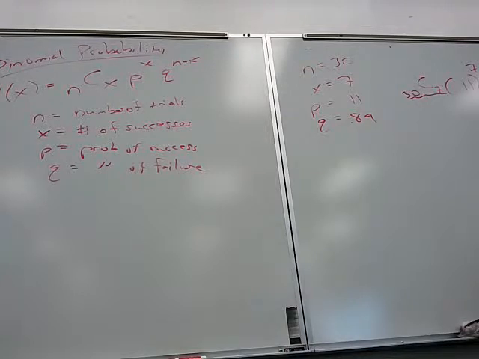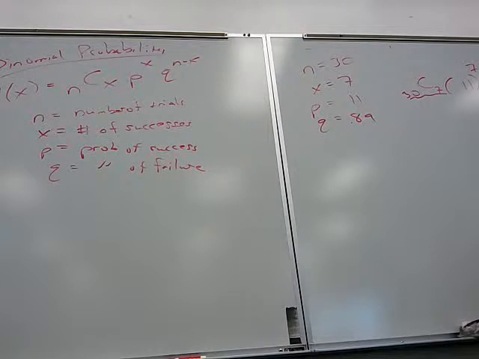Here's how it would look in the calculator. 30. How do you get to choose? Math, Probability, third option, and this is all on that calculator Bible you got the first week of class. 30 choose 7 times 0.11, that's success, and I want 7 of those, times 0.89.